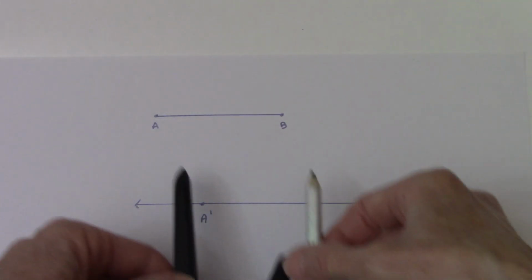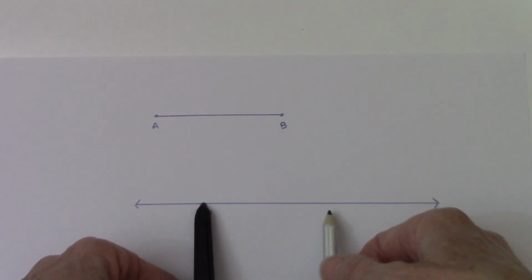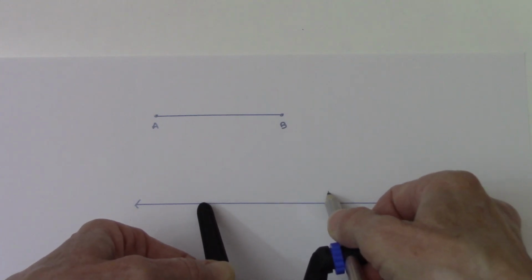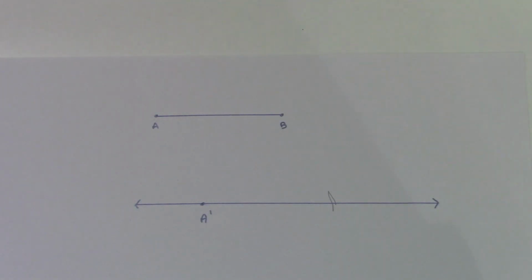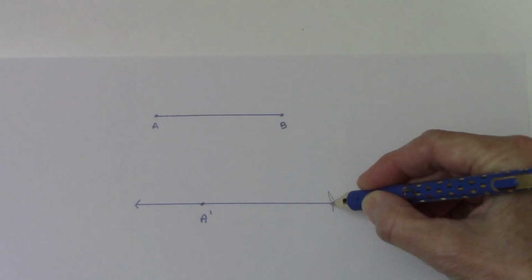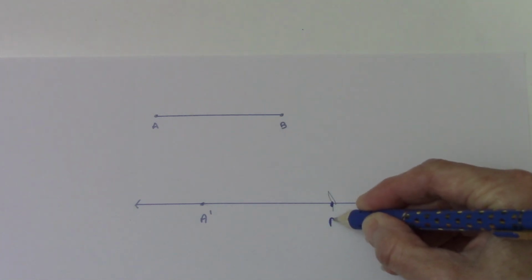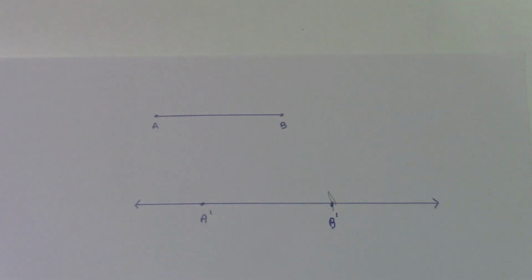Then I'm going to put the point that was on A over here to A prime, and make a mark, like this, and there it is. That's my mark B prime right here, and now I have segment A prime B prime is congruent to segment AB.